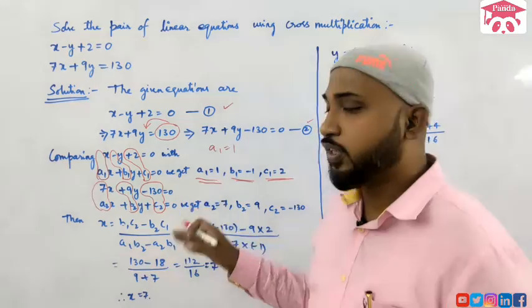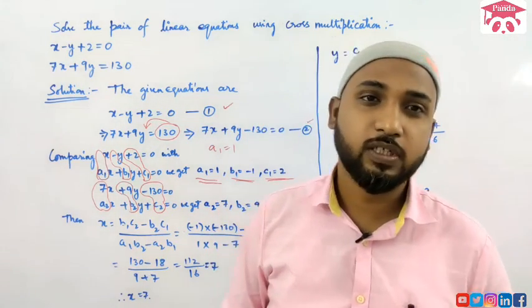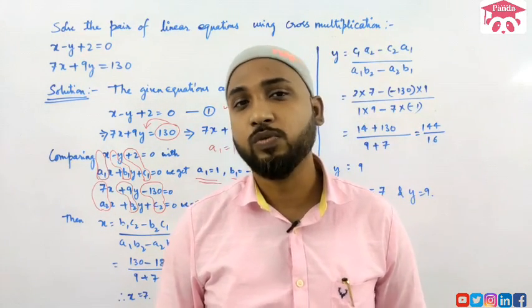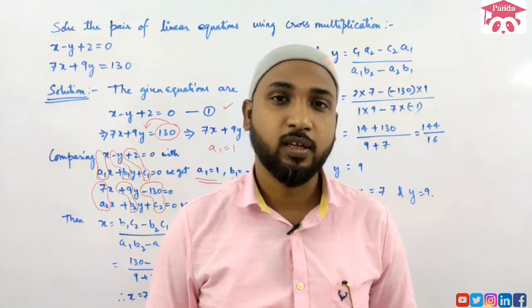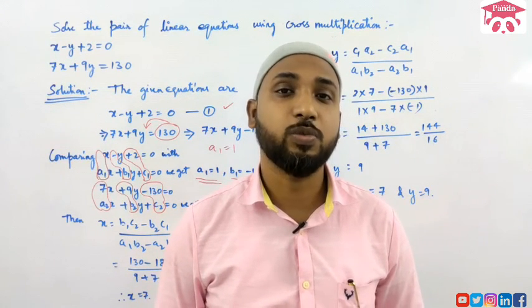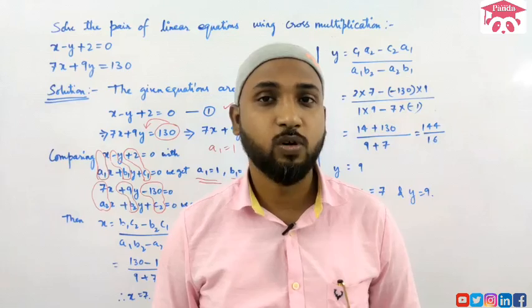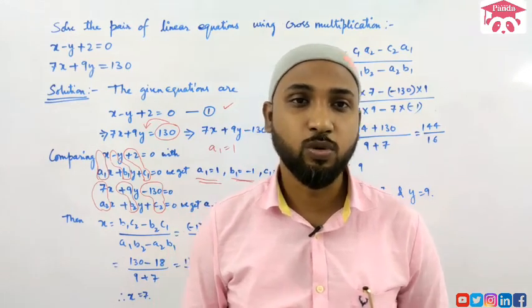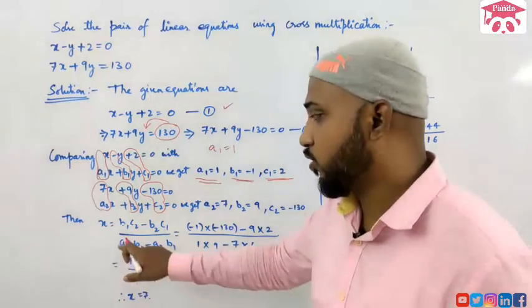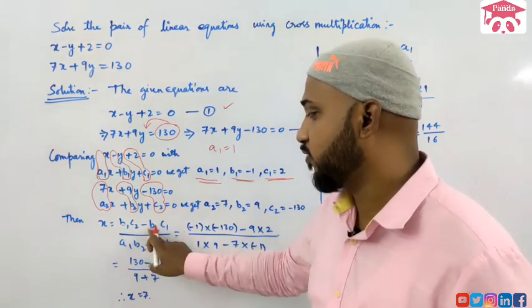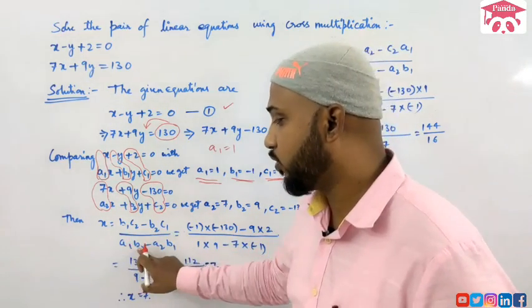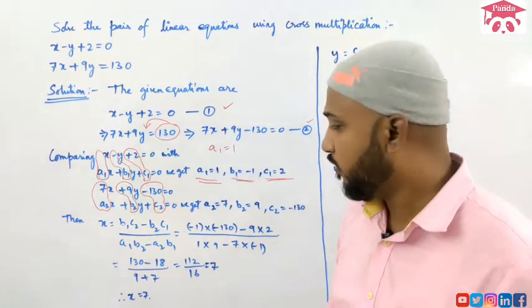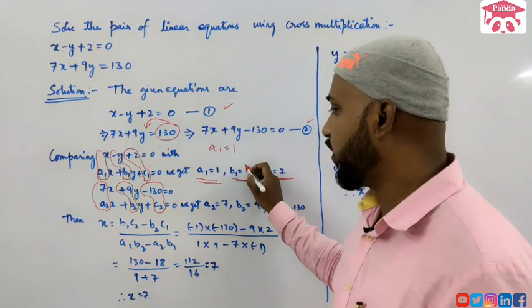Now after getting the values of a1, b1, c1 and a2, b2, c2, we will put them in the formula for x. And what's the formula for x? x is equal to b1c2 minus b2c1 whole by a1b2 minus a2b1. When we put the values, what's the value of b1?